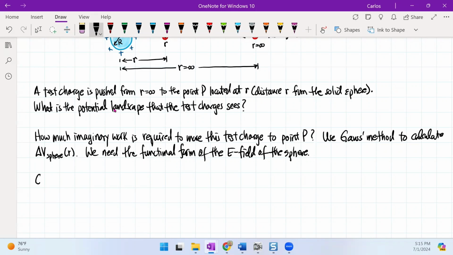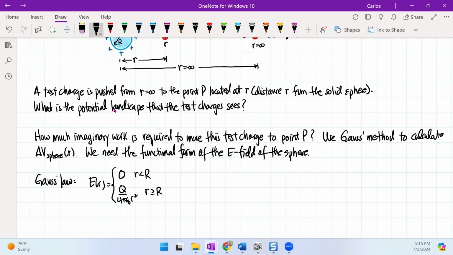Gauss's law shows that if I look at the electric field of a solid conductor, outside, let me say inside, it should be 0. Outside, it should be Q over 4 pi epsilon R squared. And this is for R greater than the radius.